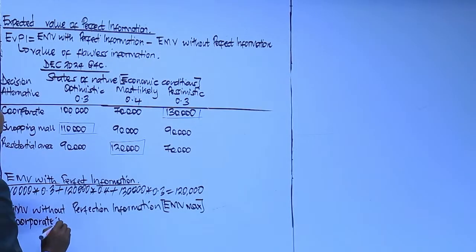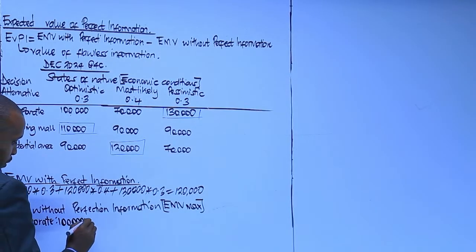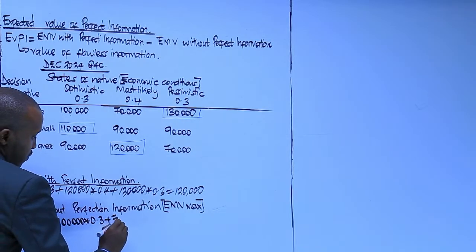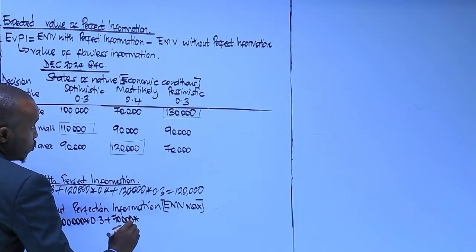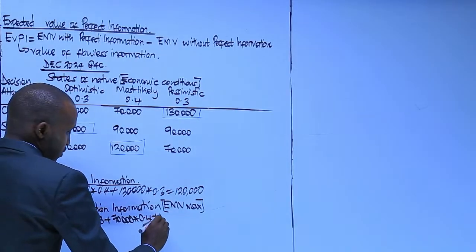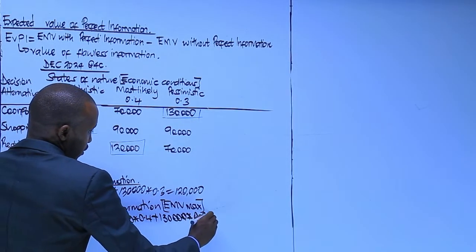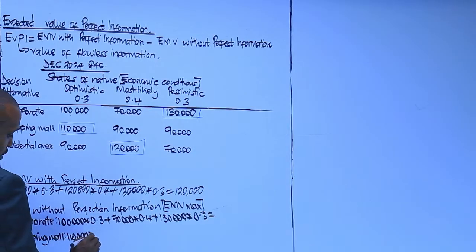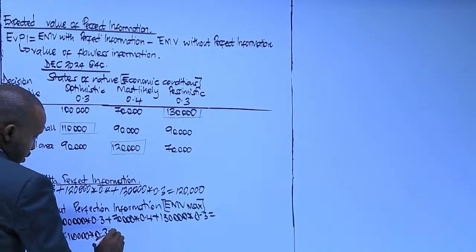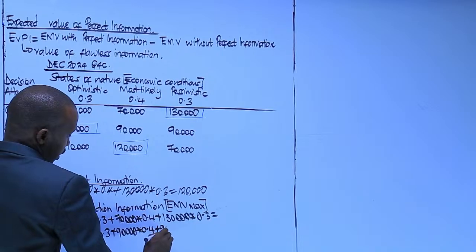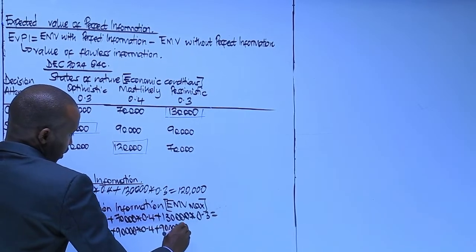Corporate, you're going to take 100,000 by 0.3 plus 70,000 by 0.4 plus 130,000 by 0.3. Then shopping mall, 110,000 by 0.3 plus 90,000 by 0.4 plus 90,000 by 0.3.